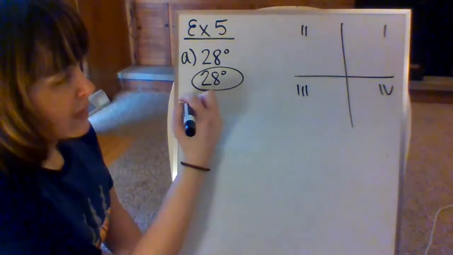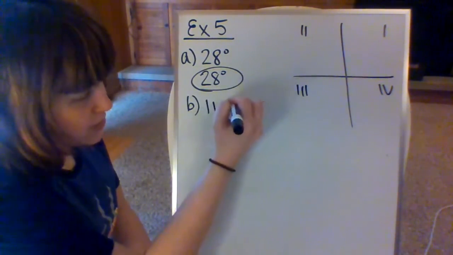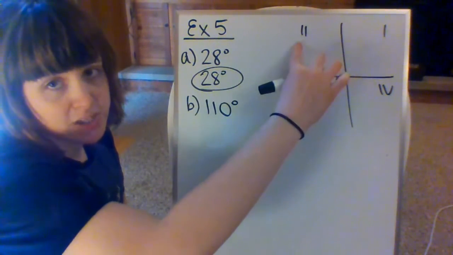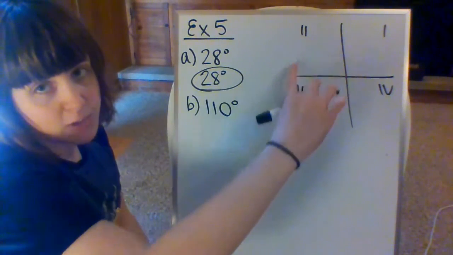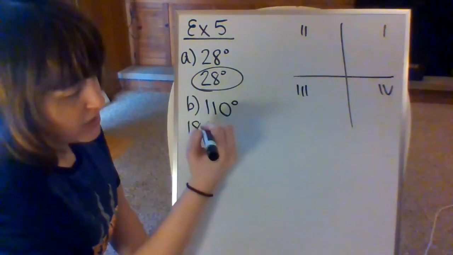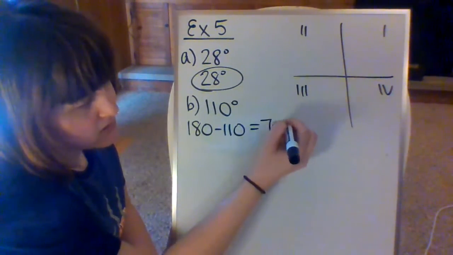Okay. Part B says 110 degrees. So 110 is between 90 and 180, so it's in quadrant 2. And when it's in quadrant 2, we're going to do 180 minus the angle. So what is 180 minus 110? 70.